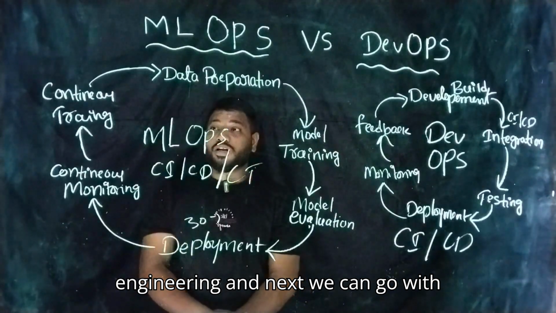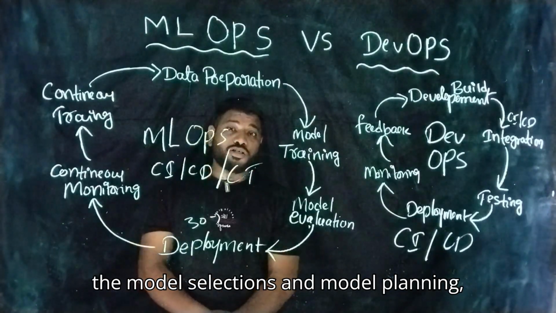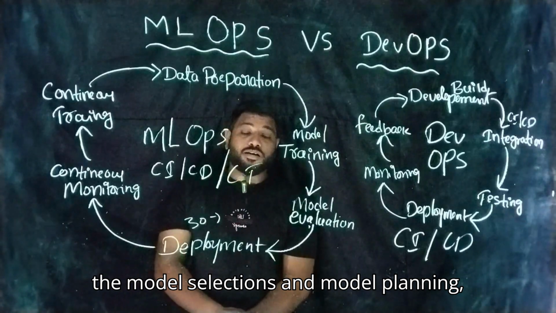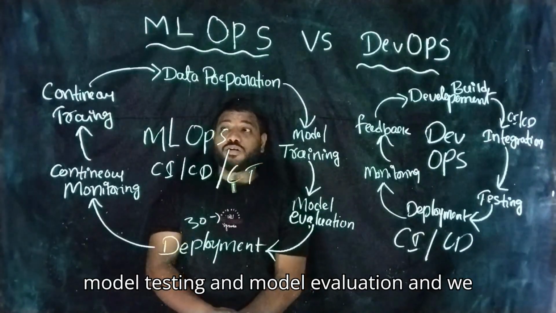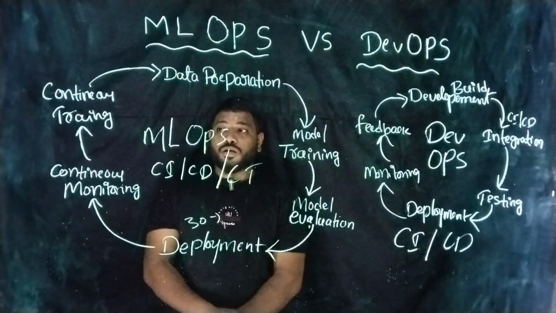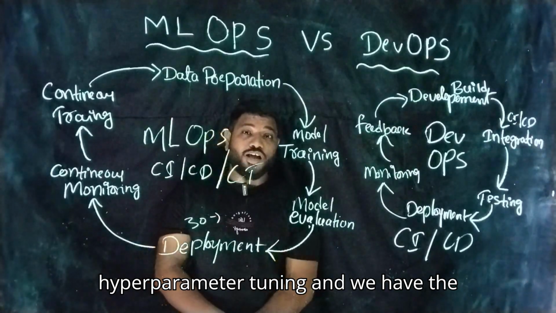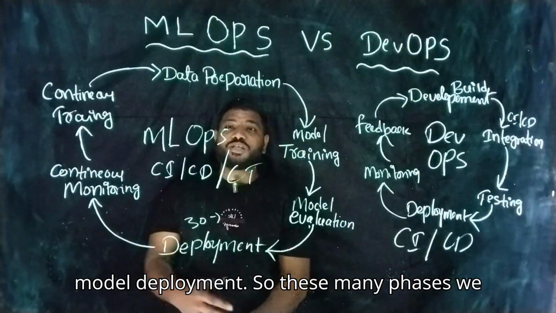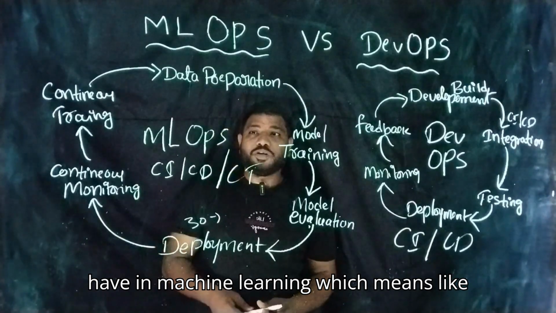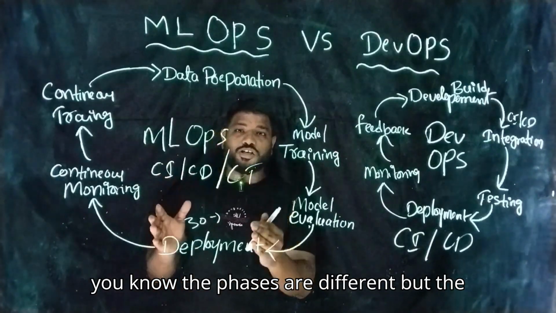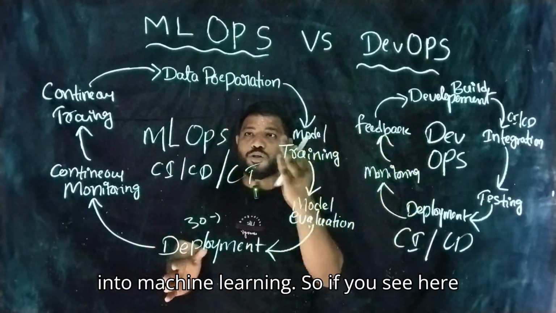Next we can go with model selection and model planning, model testing and model evaluation, hyperparameter tuning, and model deployment. So the phases are different in machine learning, but the life cycle we are going to apply is the same.